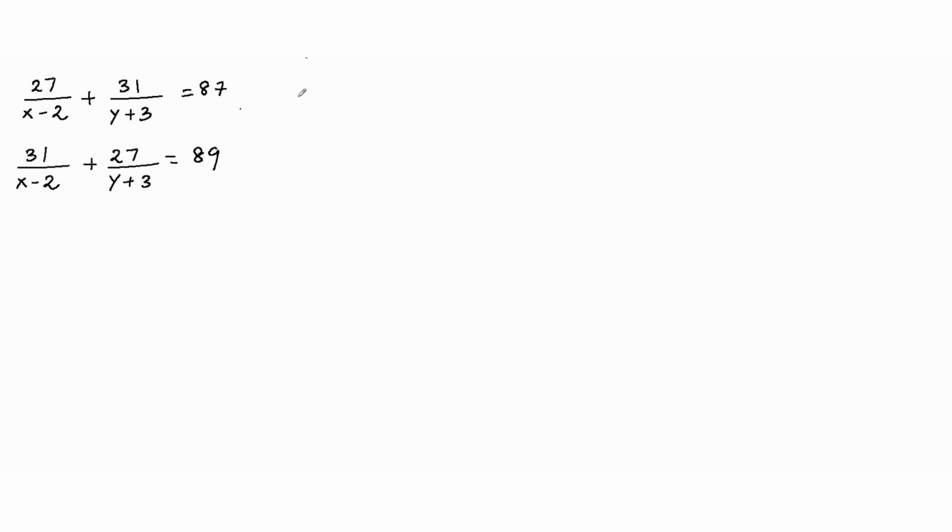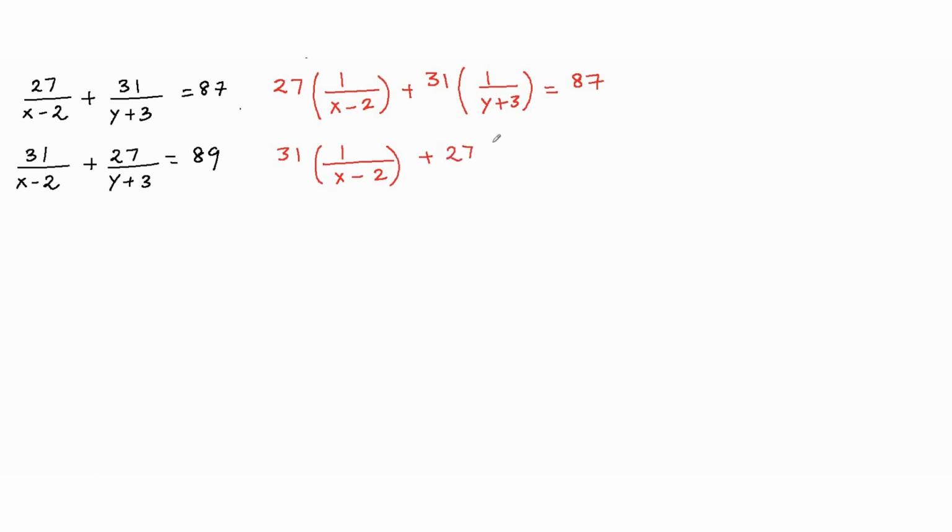So what I will do is, I will rewrite the first equation as 27 times 1 by x minus 2 plus 31 times 1 by y plus 3 is equal to 87, right? And the second equation is 31 times 1 by x minus 2 plus 27 times 1 upon y plus 3 is equal to 89.